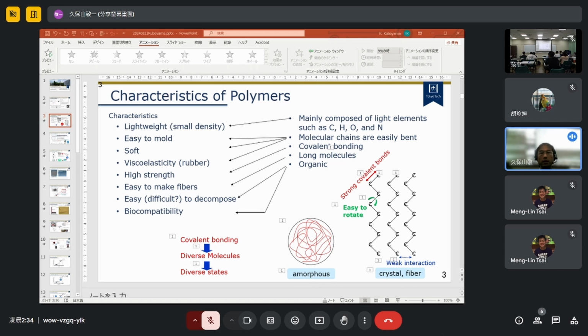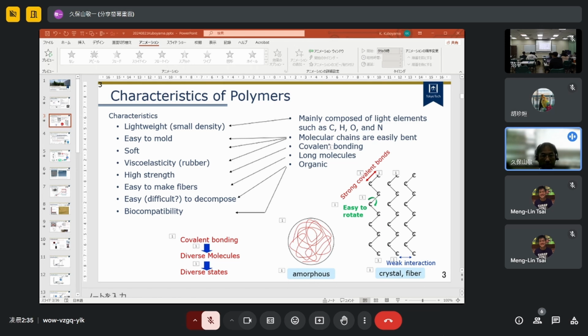So the polymer is sometimes called a soft material. It shows viscoelasticity, so polymer shows both properties, elasticity and viscosity. And it consists of covalent bonding, so it has high strength.